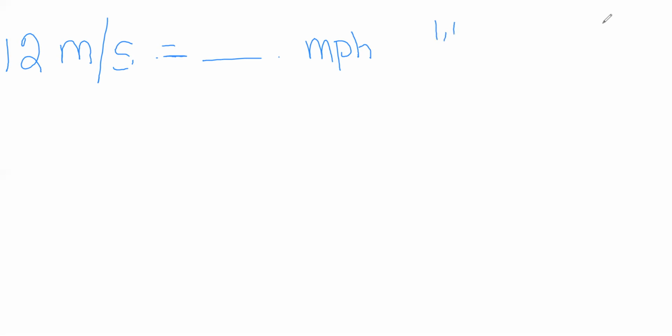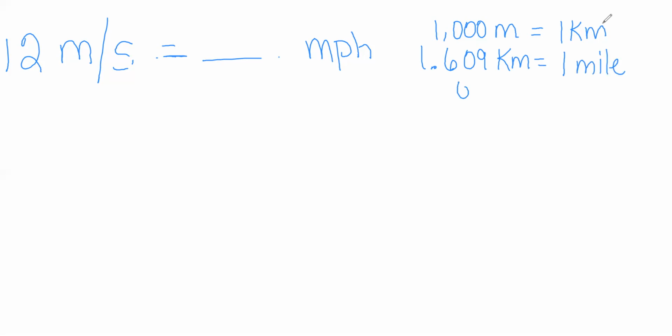We've got 1,000 meters in 1 kilometer. We have 1.609 kilometers in a mile. We've got 60 seconds in a minute. And you have 60 minutes in 1 hour. All right, pause it here. I want you to try this one before I continue.